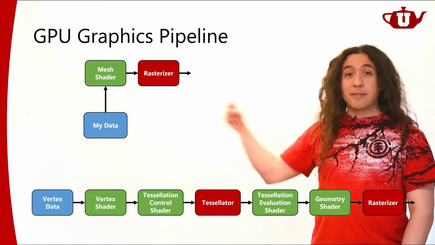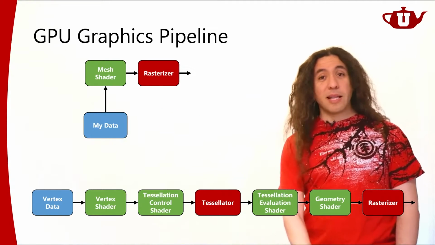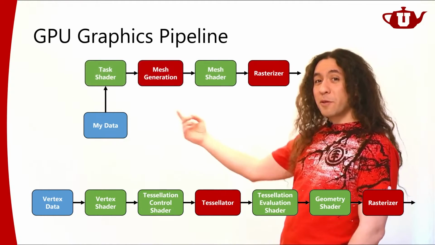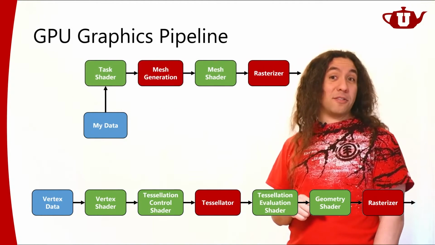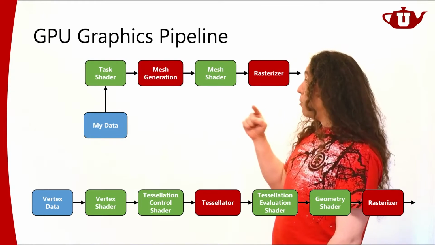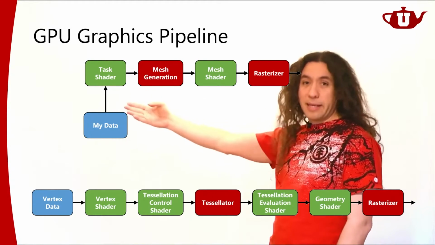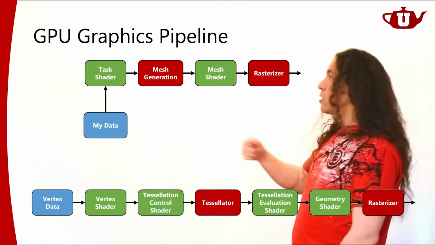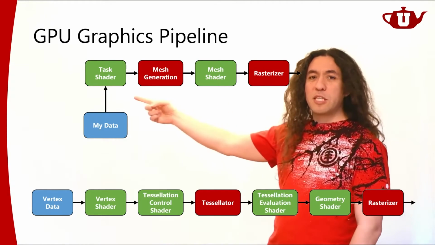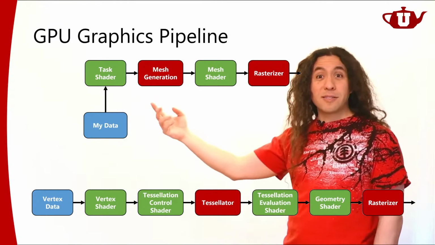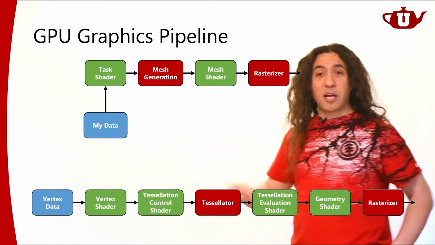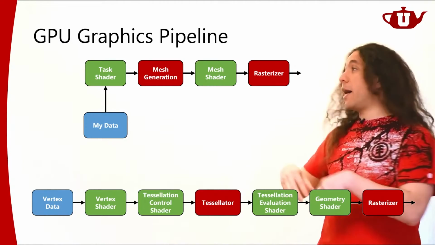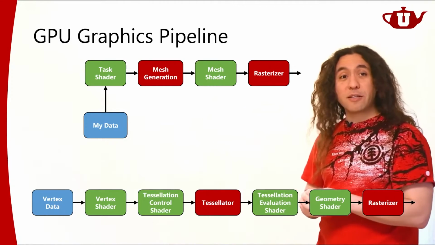For that, mesh shaders allow this expansion using task shaders. Instead of dispatching mesh shaders directly, I'm going to dispatch these task shaders, and then inside these task shaders, in each group, I will decide whether or not I want to dispatch mesh shaders.